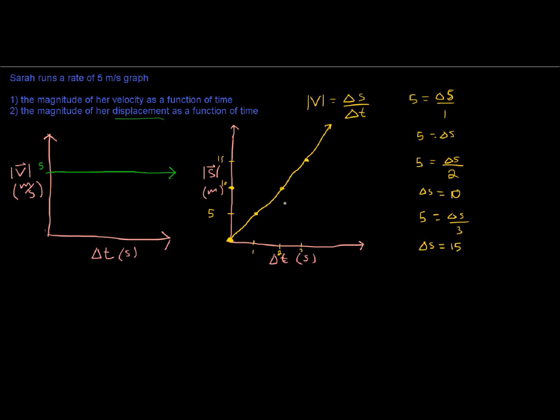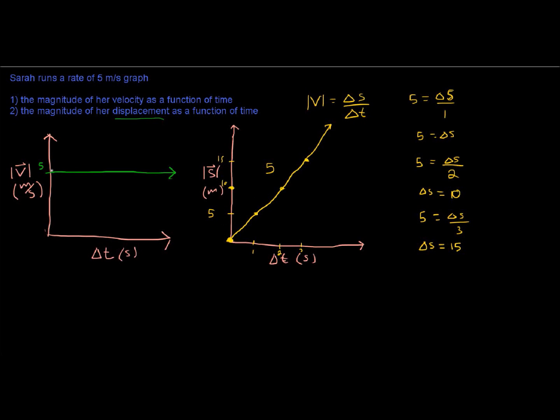You could pick any 2 points you want, but it almost goes by the definition of velocity that if you divide her change in position by her change in time, you're always going to get the velocity, assuming the velocity is constant, which in this case is 5. So we can say that the slope of this line is 5. And that's pretty interesting.